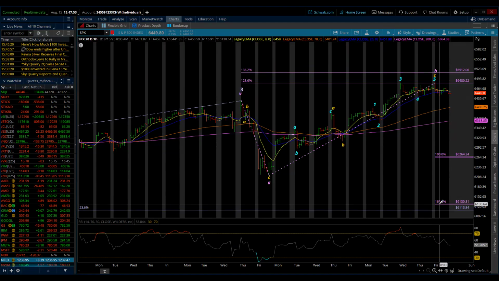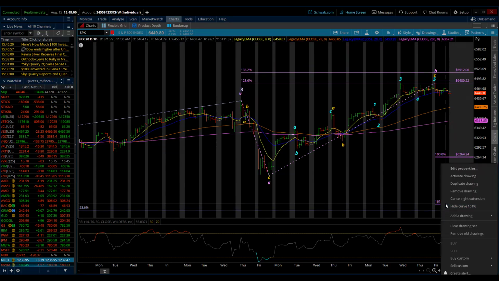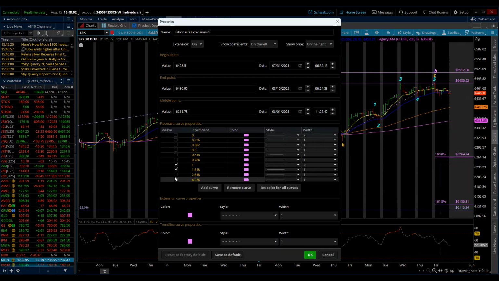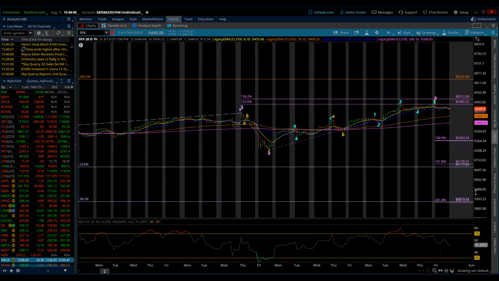Or if there's some really stronger overthrow from this, then I think I could put 2.618 on this level, and let's just see where that comes in. That's going to come in right there. We slipped back down to 5,900, which is the 382.